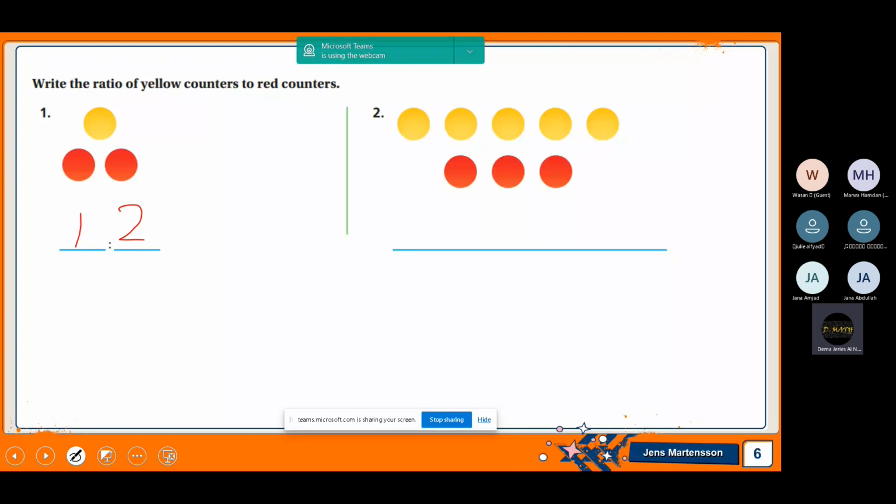The second way is by words, like 1 to 2. And the third one as a fraction, like 1 over 2. So they are the same. 3 ways to write the ratio: by colon, two points following each other, as words, or as a fraction. Easy.